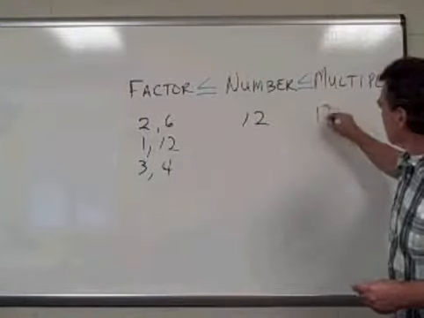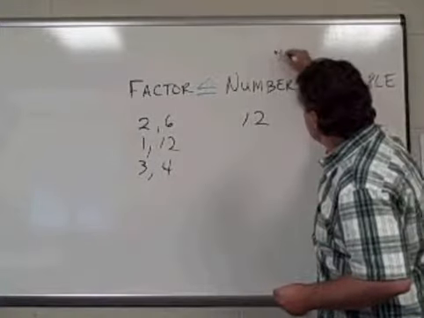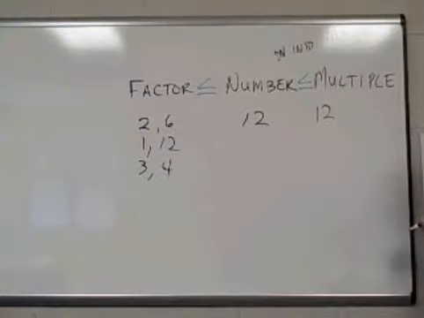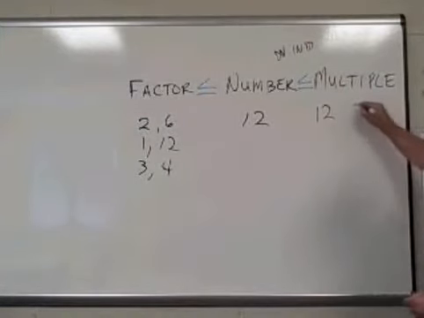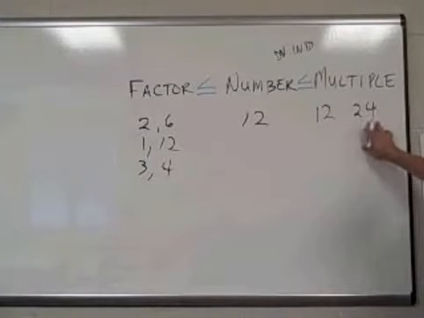So 12 would be a multiple of 12 because 12 divided into 12 gives us 1. 24 would be a multiple of 12. 12 divided into 24 gives us 2.